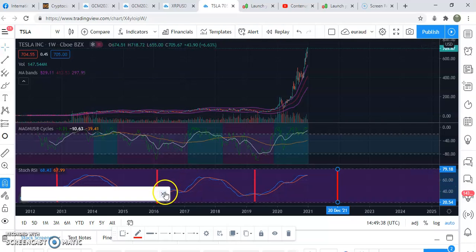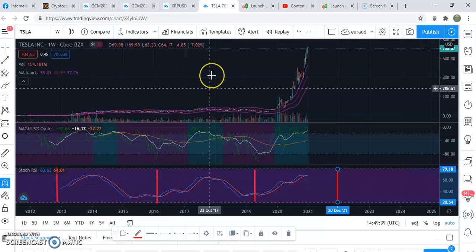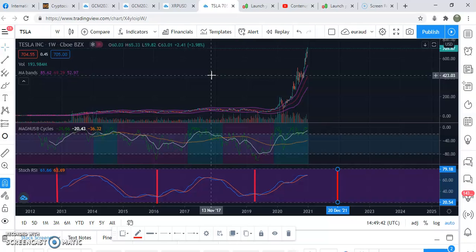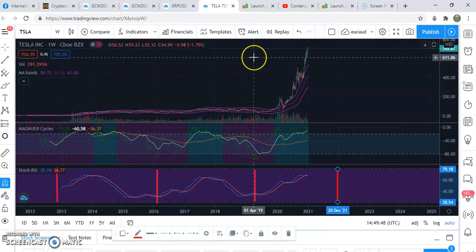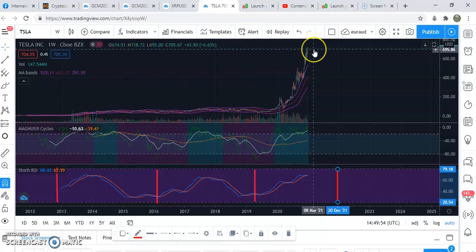Normally the cycles for the ascending phase tend to last a little bit more than half of the cycle, rather than 50%, could be 60, 65, or even 70% of the time, which means we have already more than 50% of the time. So again, right now it makes much more sense to start thinking about shorting Tesla or taking profit on Tesla rather than buying it. Thank you, guys.